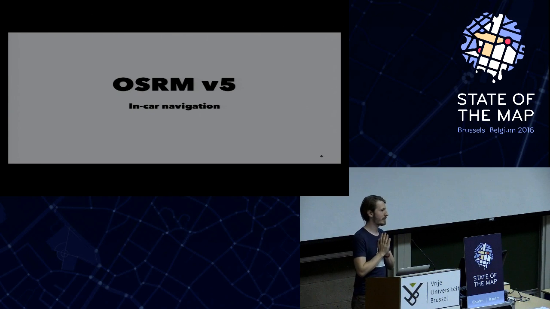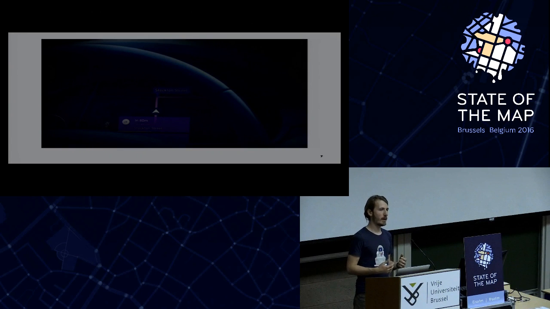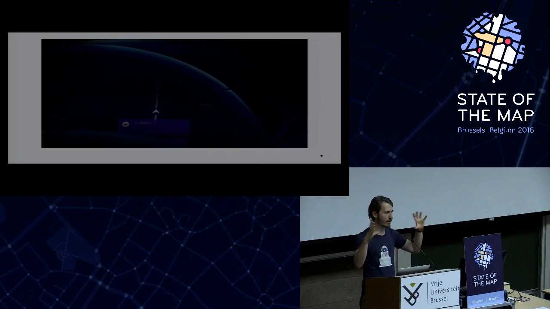So in-car navigation, when we say in-car navigation, what do we mean? We mean something like this. So being able to do routing wherever the user or the client wants to do that. This can be in your app, this can be on Android, or this can be in iOS, or this can be in an embedded system that runs, for example, in the instrument cluster of your car.